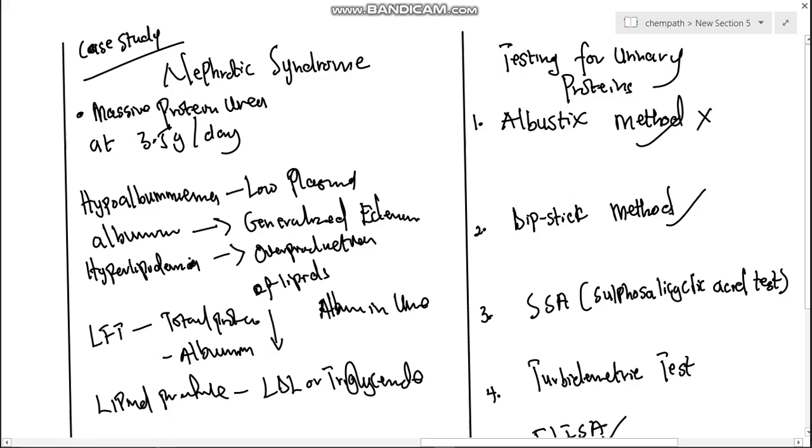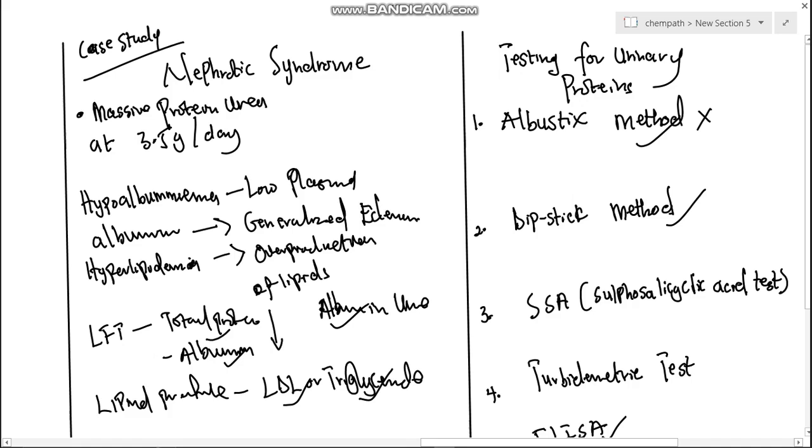So anytime you see nephrotic syndrome, look out for a drop in plasma albumin and total protein, the presence of urine protein, and an elevated LDL or triglyceride in the lipid profile.